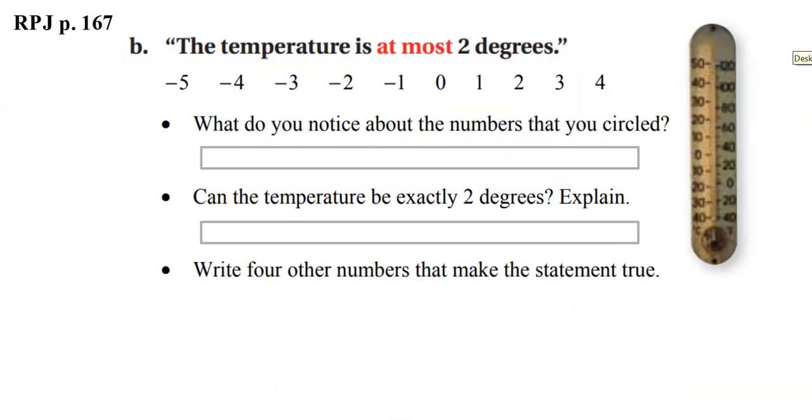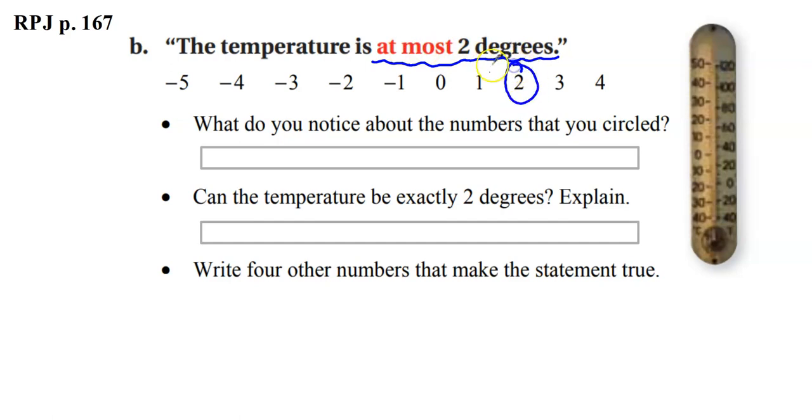Okay, so there's some more examples like this. This one says the temperature is at most 2 degrees. So here's what you should be thinking about. When you see this language at most, that means it can't be any more than. So if it's at most 2 degrees, I can definitely circle the 2 because at most includes that.